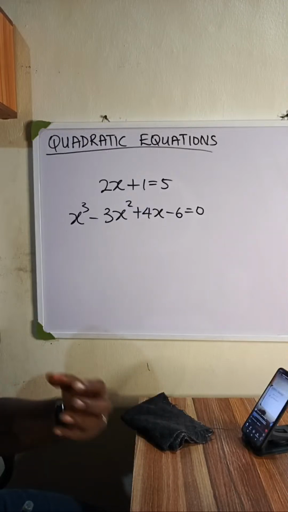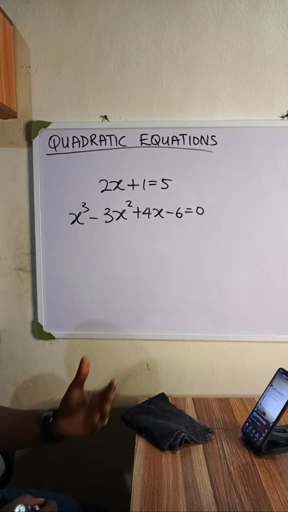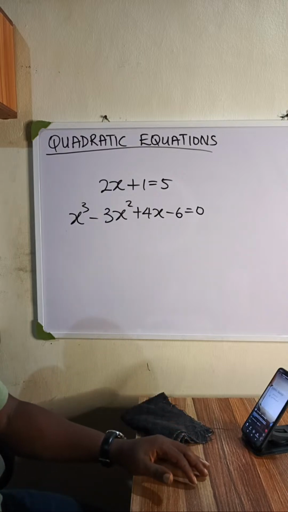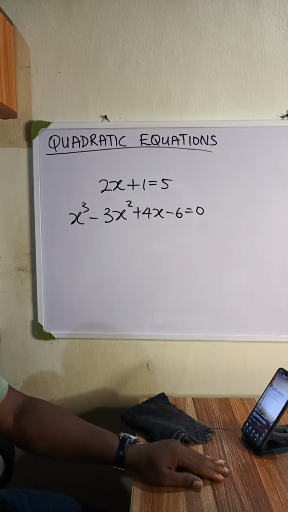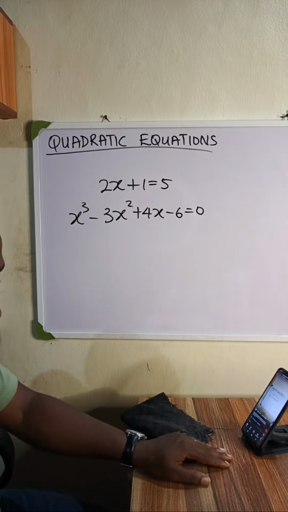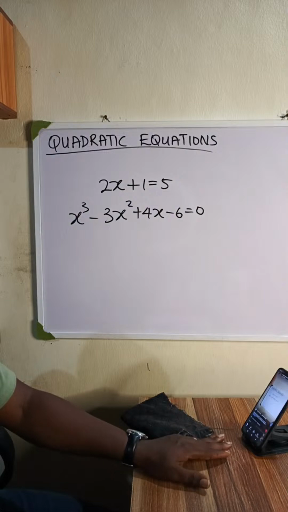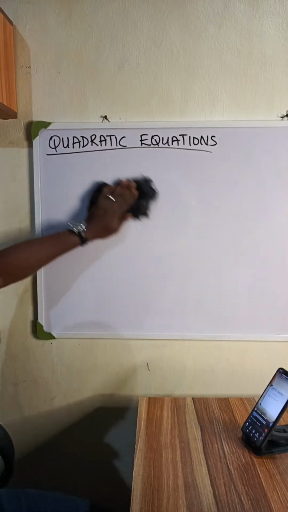We are going to solve the same questions using the factoring method, and then check if we arrive at the same answer. Because whenever you solve a quadratic equation, irrespective of the method you apply, you are expected to get the same answer, if you do it properly. So let's look at the examples we considered.